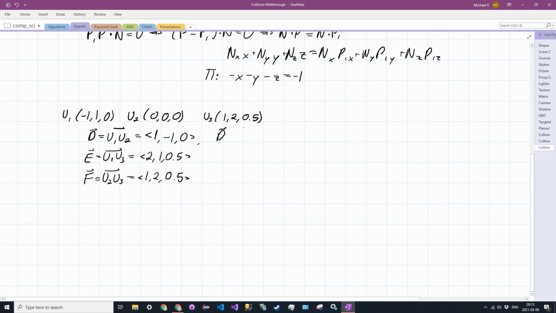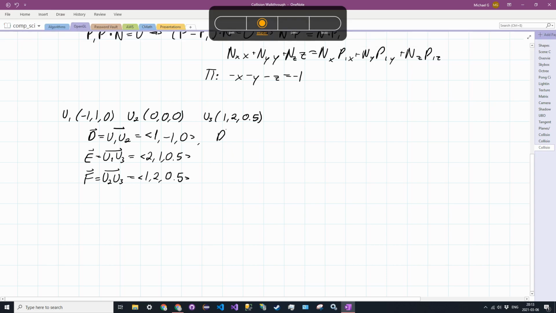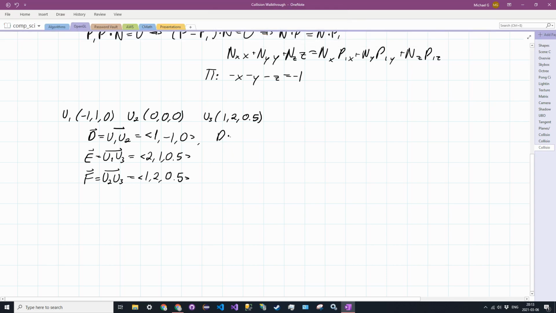the D, I'll just call it line D, is going to give us the point P, which is just a general point, equal to U1, the starting point, plus U2 minus U1 times T, where T is a parameter. And this can also be written as U1 plus D times T, where D is the directional vector.